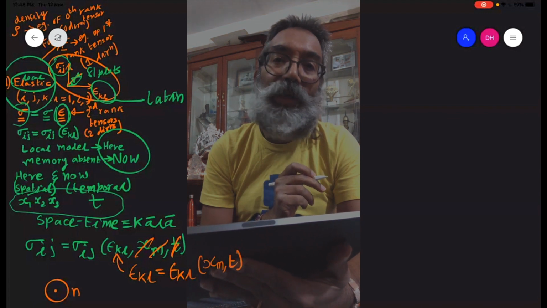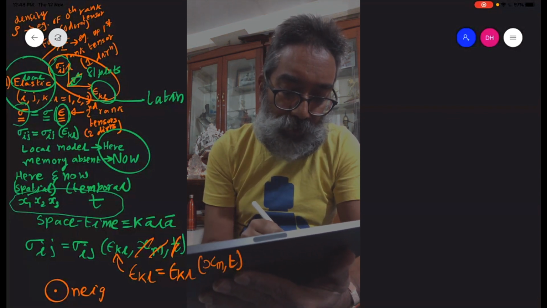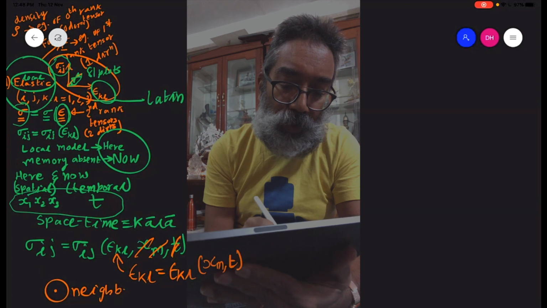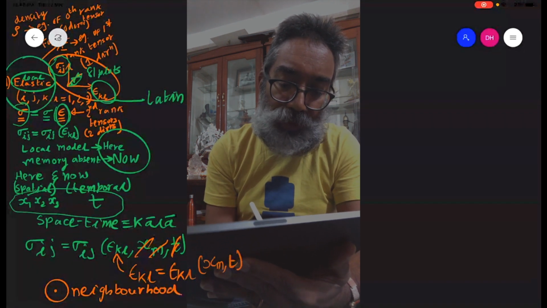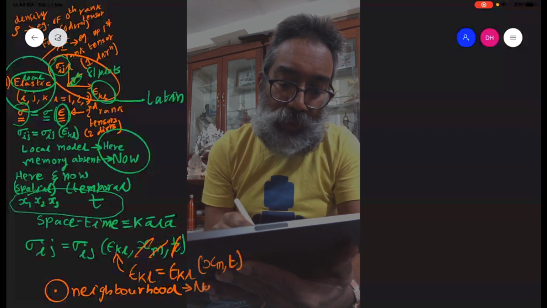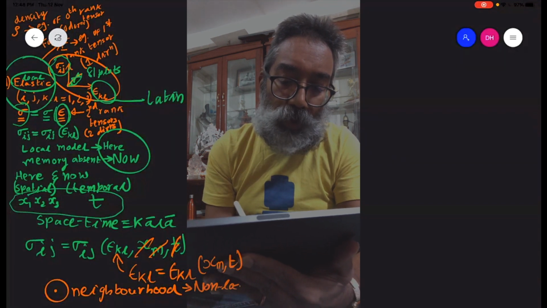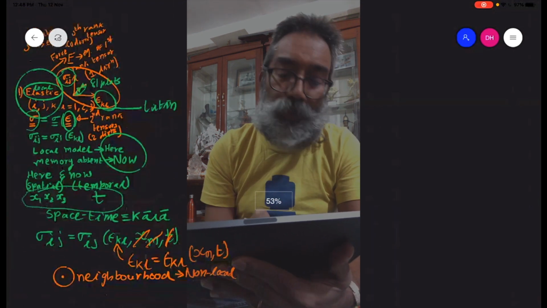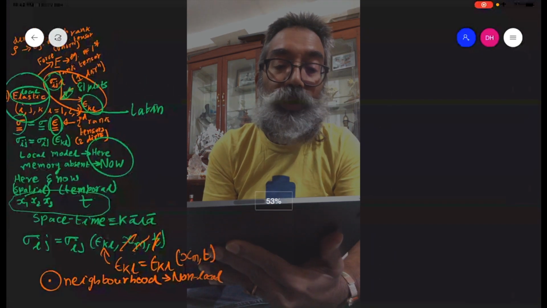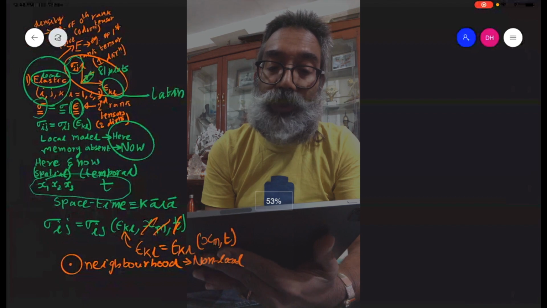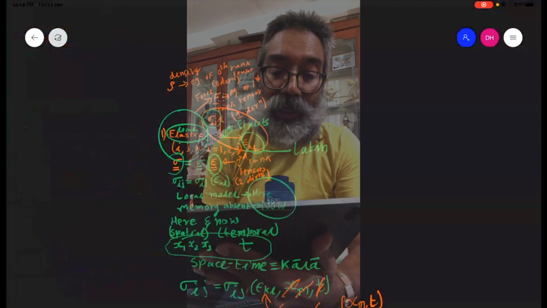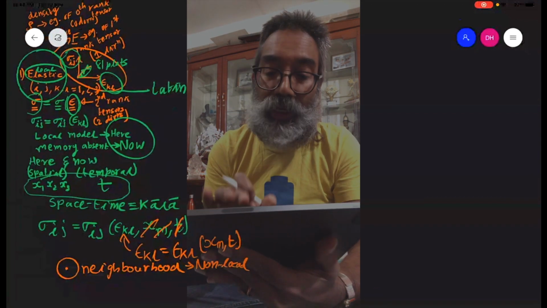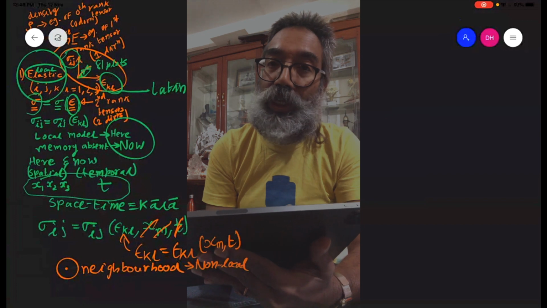So taking into account what is happening in the neighborhood instead of just what is happening here is what leads to non-local models, which is beyond the scope of this course, but we are just introducing it to see what assumptions we are making, and whether it is valid for the kind of materials and structures that we are dealing with.